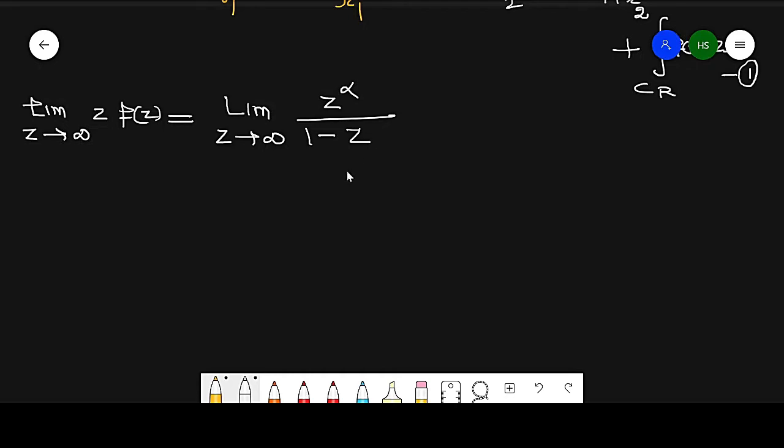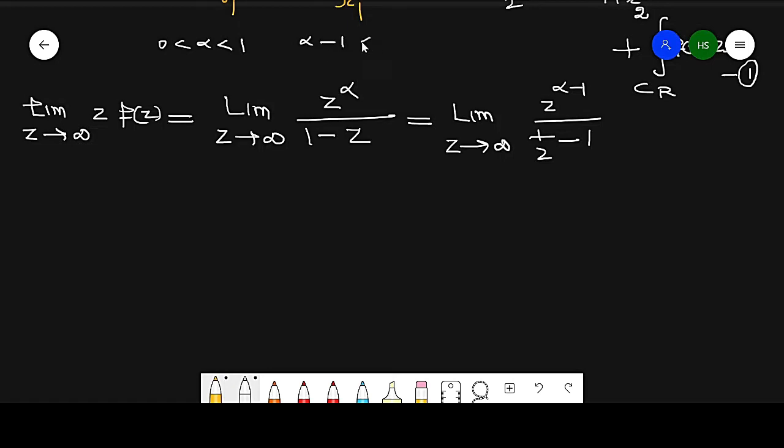When z approaches infinity, if we divide, this value is the limit as z approaches infinity of z raised to power alpha minus 1 over 1 by z minus 1. This approaches 0, since 0 is less than alpha less than 1, which means alpha minus 1 is less than 0.